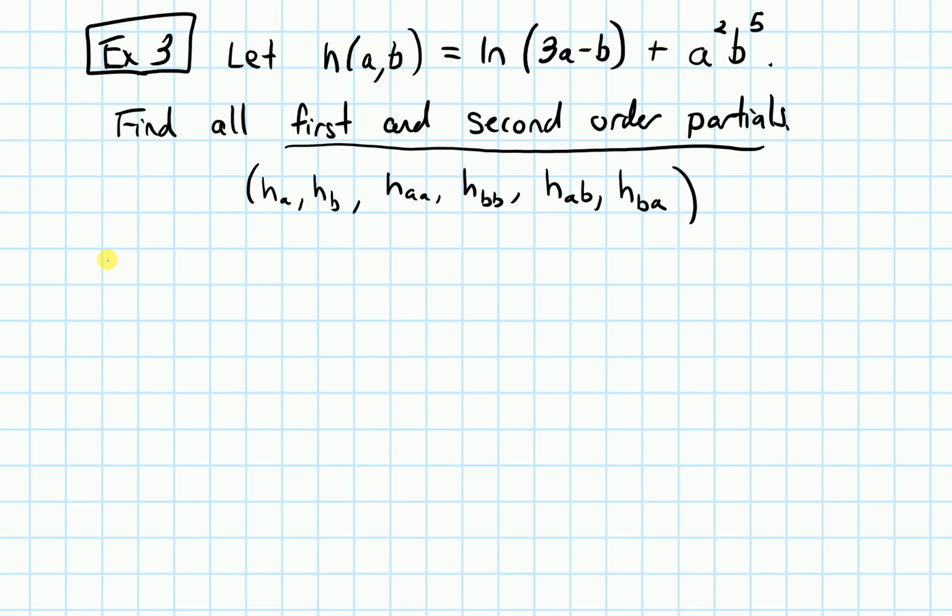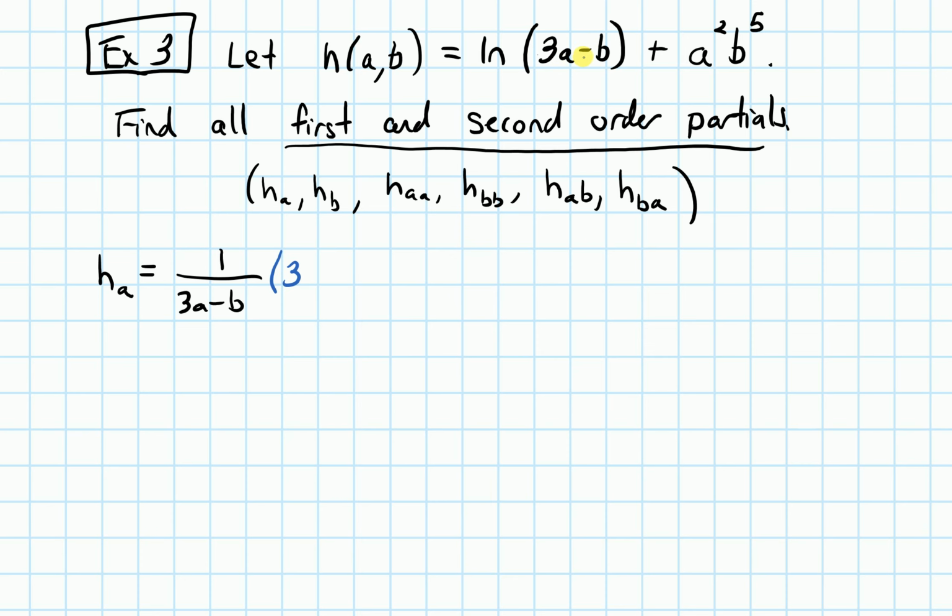All right, so let's begin with h_a, the partial derivative with respect to a. So taking the derivative of this ln portion, I'll use chain rule. I'll get 1 over 3a minus b. And then I have to multiply that by the derivative of the inside with respect to a. So when I do that, I'll get 3 for the derivative of 3a.